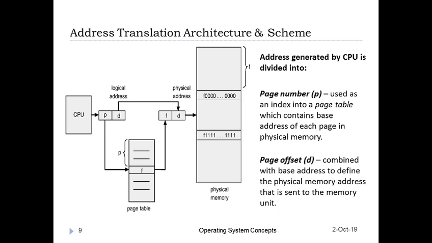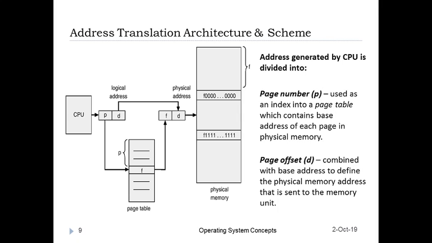Now how does address translation happen? Whenever the CPU generates a logical address, that logical address contains two parts. The first is the page number and the second is the page offset. The page number is used to find the frame number in the page table, and then that offset is combined with the frame number, and that creates the physical address of the process.